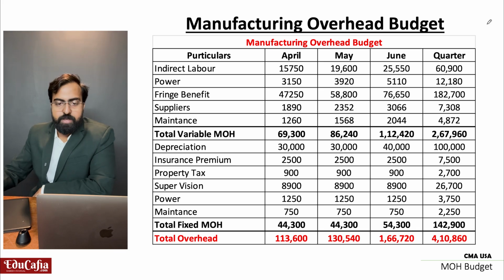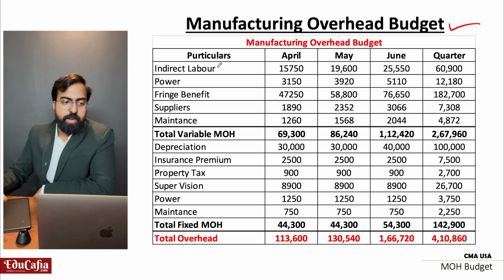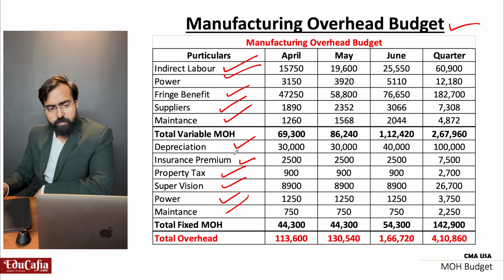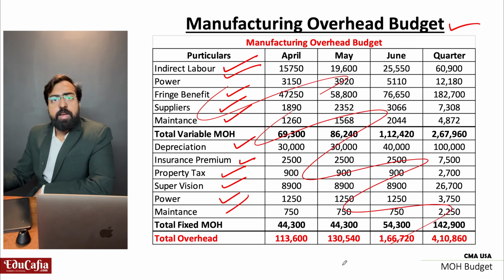Next, the manufacturing overhead budget. Here, what are the overheads? Indirect labor, power, electricity, fringe benefits, supplies, maintenance, depreciation, insurance premium, property tax, supervision. All these costs. Is it possible to calculate them within the exam?